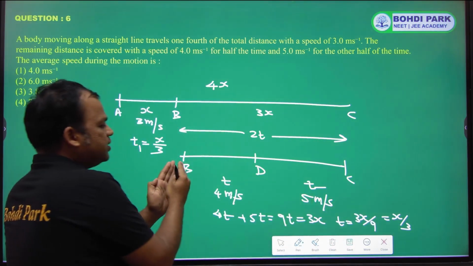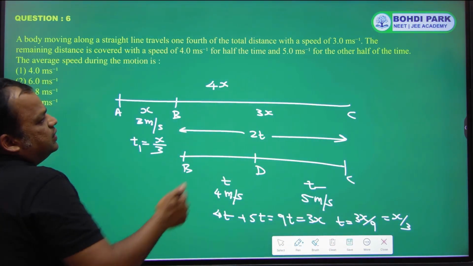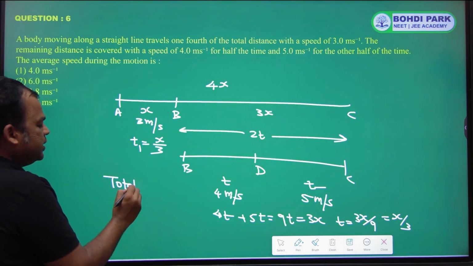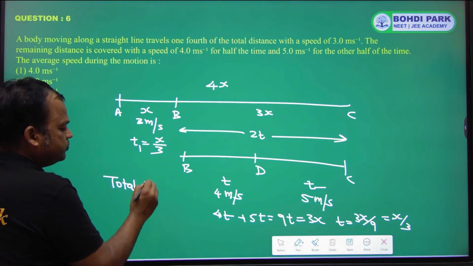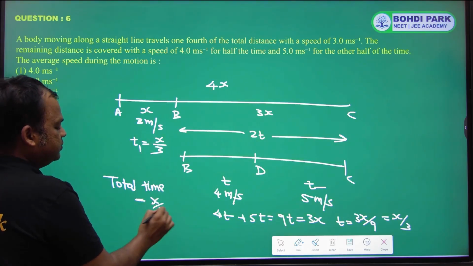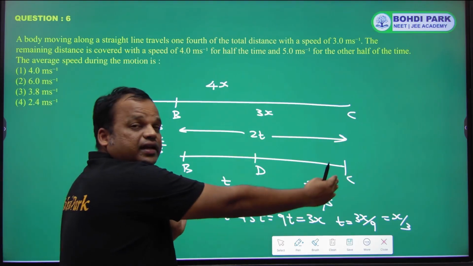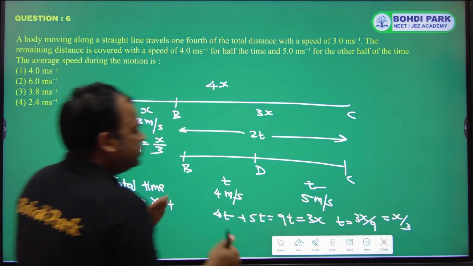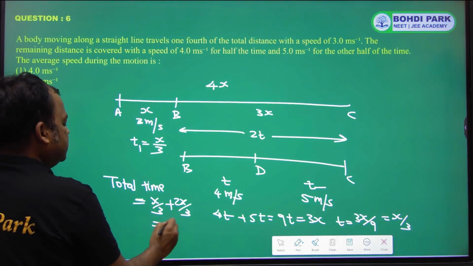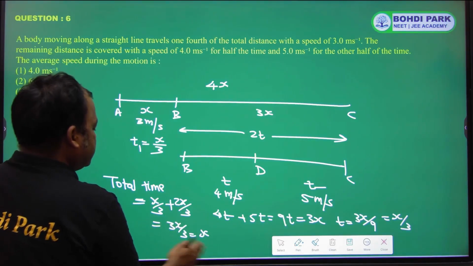So what is the time taken from B to C? 2x by 3. So total time is equal to x by 3 plus 2t, and t is x by 3. So 2x by 3. So that is equal to 3x by 3, or x. Total time is x.